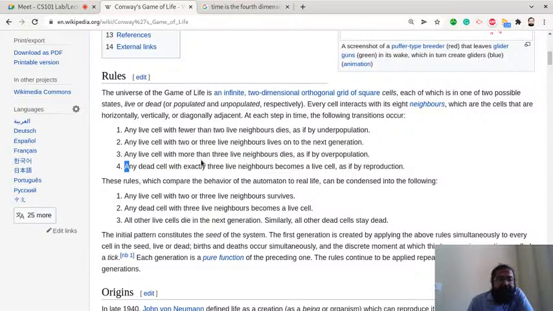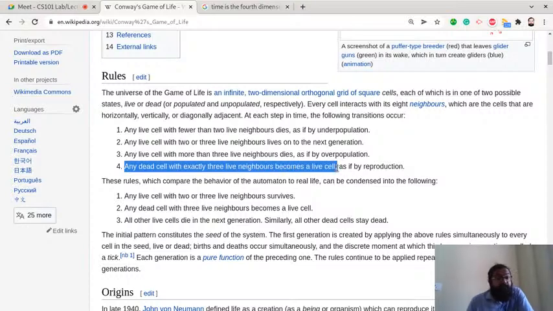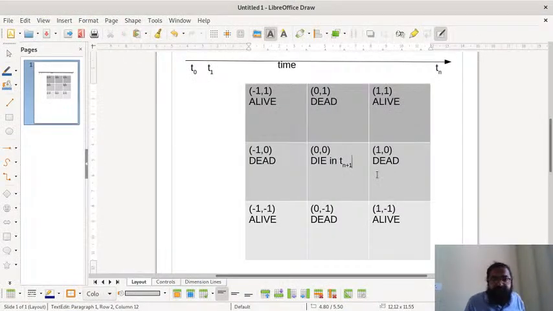Fourth rule, any dead cell with exactly 3 live neighbors becomes a live cell as if by reproduction. Wow, that is interesting. So let us assume that this guy is dead.